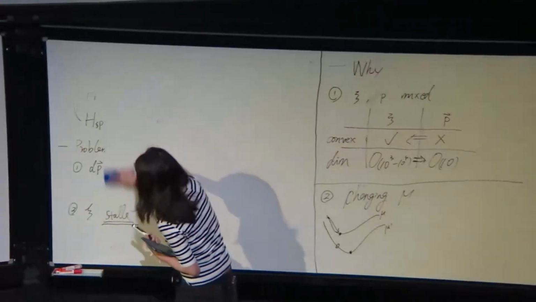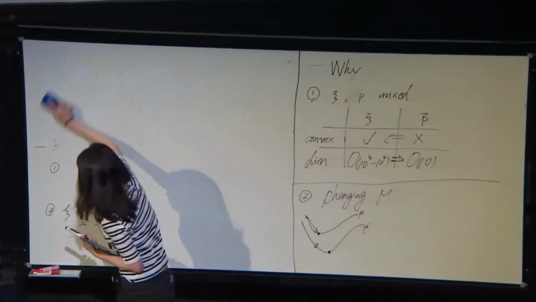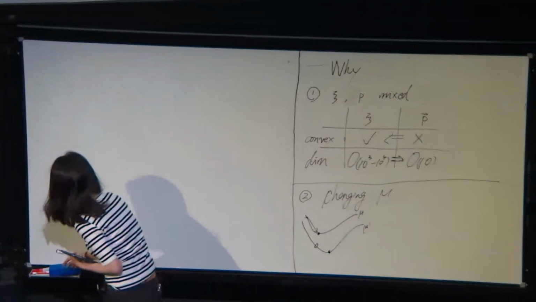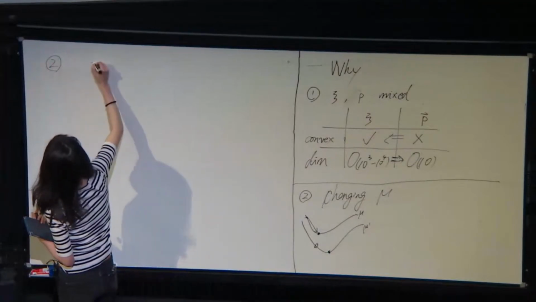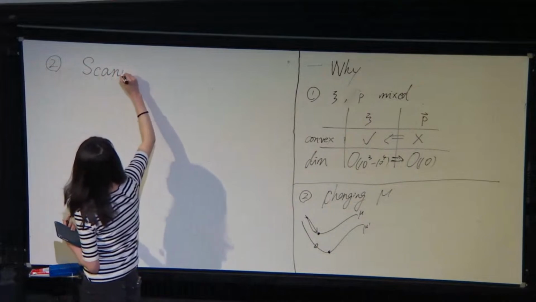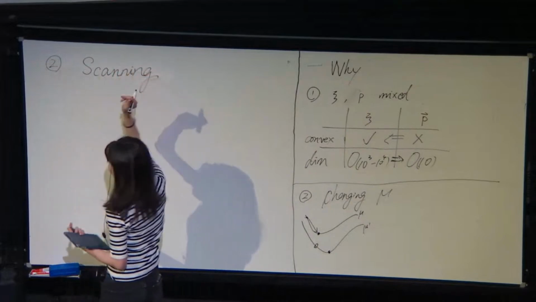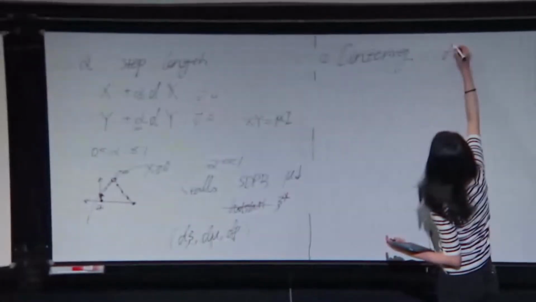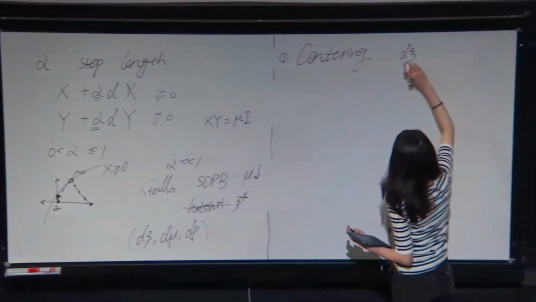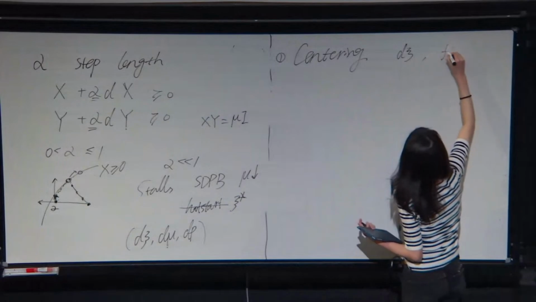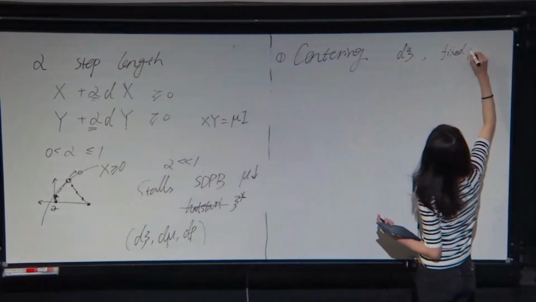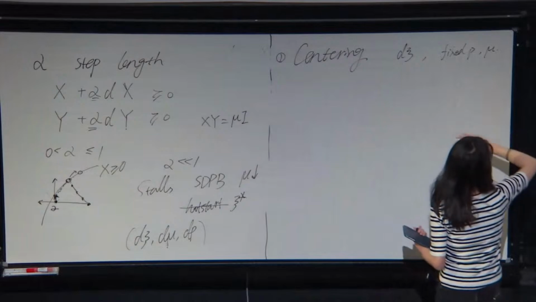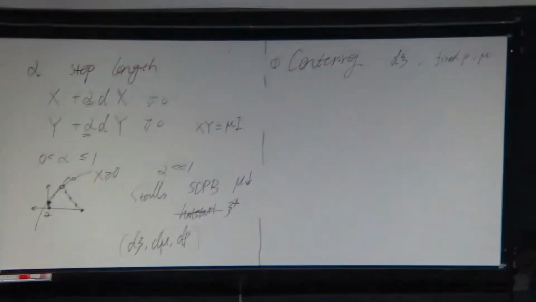Now I'm going to discuss them one by one. During centering steps, we'll be changing c while fixing p and mu. But in scanning, we'll be changing everything at the same time.